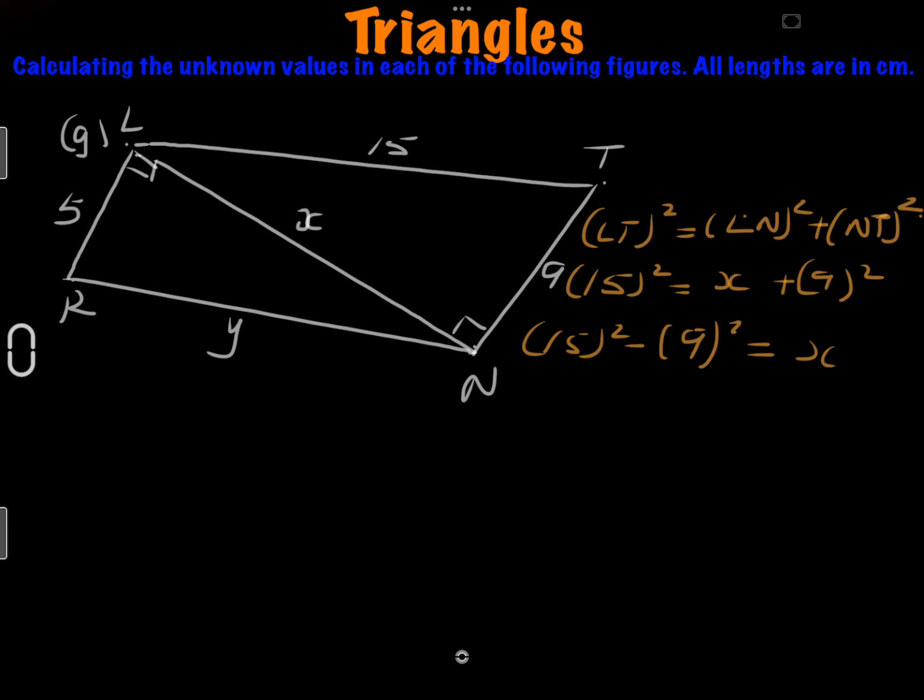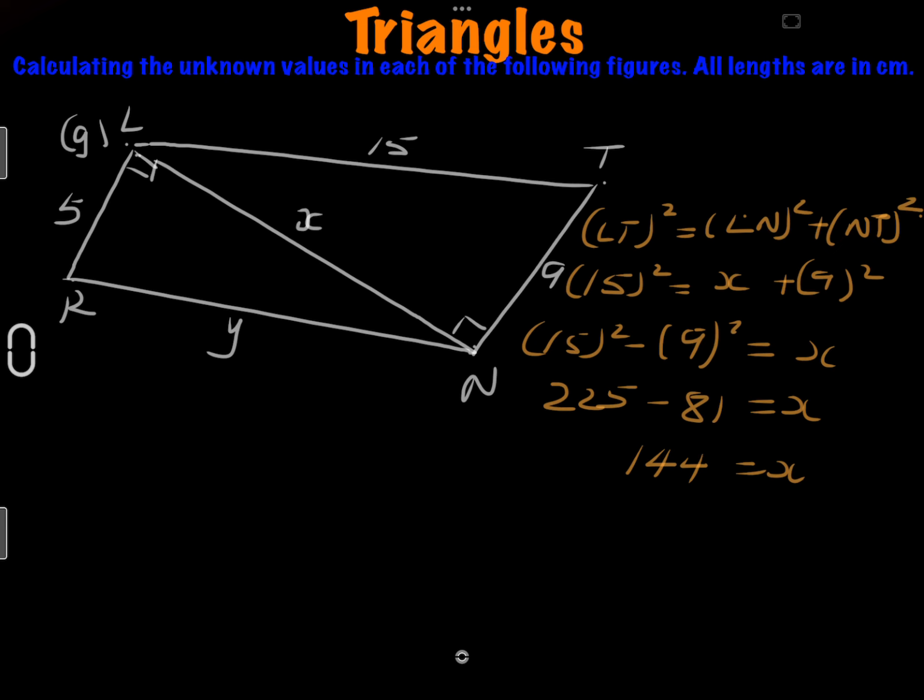So 15 times 15 gives us 225, minus 9 times 9 gives us 81, is equal to x. So 225 minus 81 gives us 144, which is x.